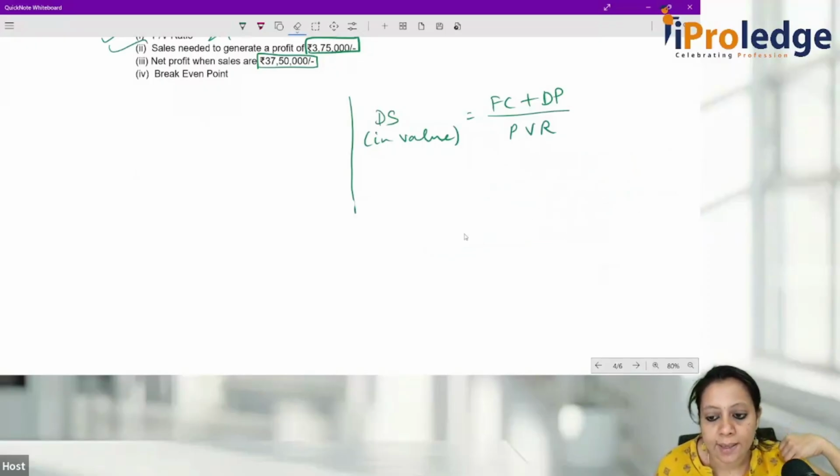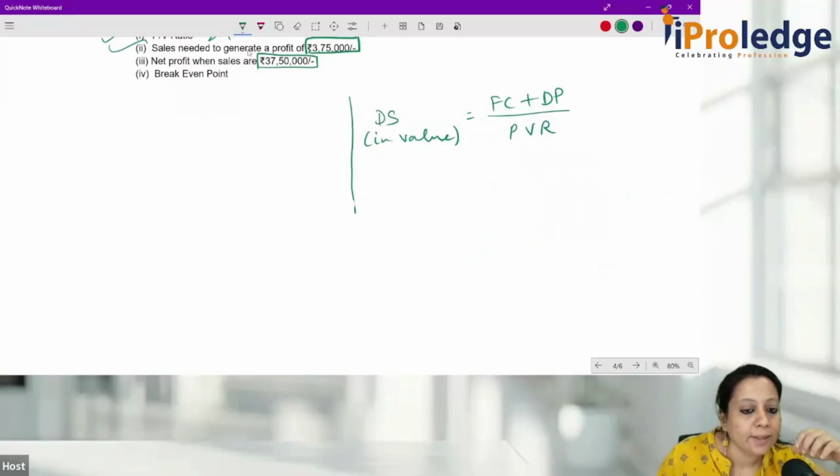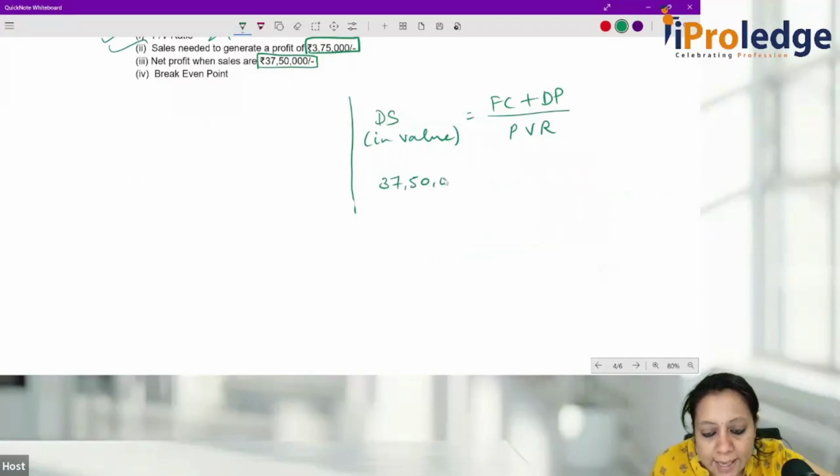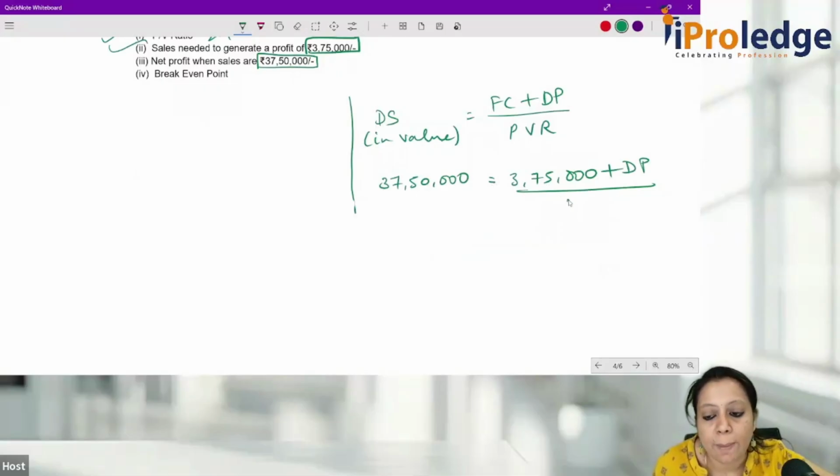Third subdivision, they are asking what is the profit by giving the sales value. So I will substitute on the LHS. The desired sales, 37 lakh 50,000, is equal to fixed cost 3 lakh 75,000 plus desired profit, which I will keep as it is, divided by PVR. Just now we calculated for the first subdivision, that is 25 percentage.